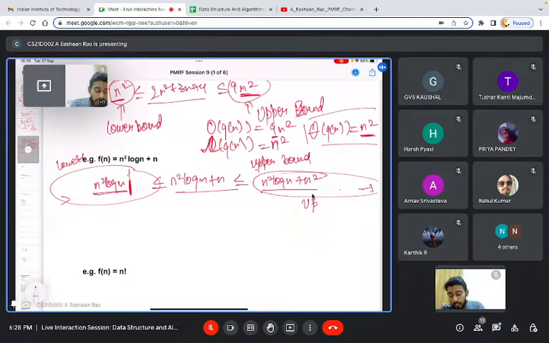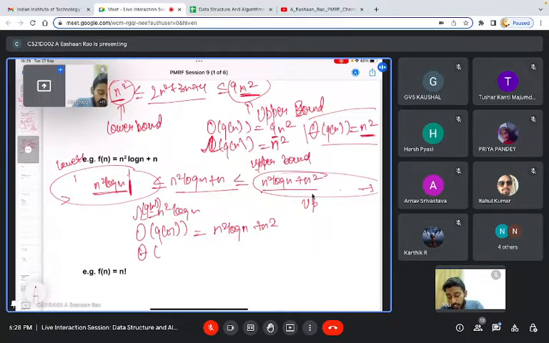So this is how we can find omega of g of n as n square log n. Big O of g of n we will identify as n square log n plus n square, and theta of g of n is n square log n, because this particular term is present in each of these functions and there is an intersection for that.